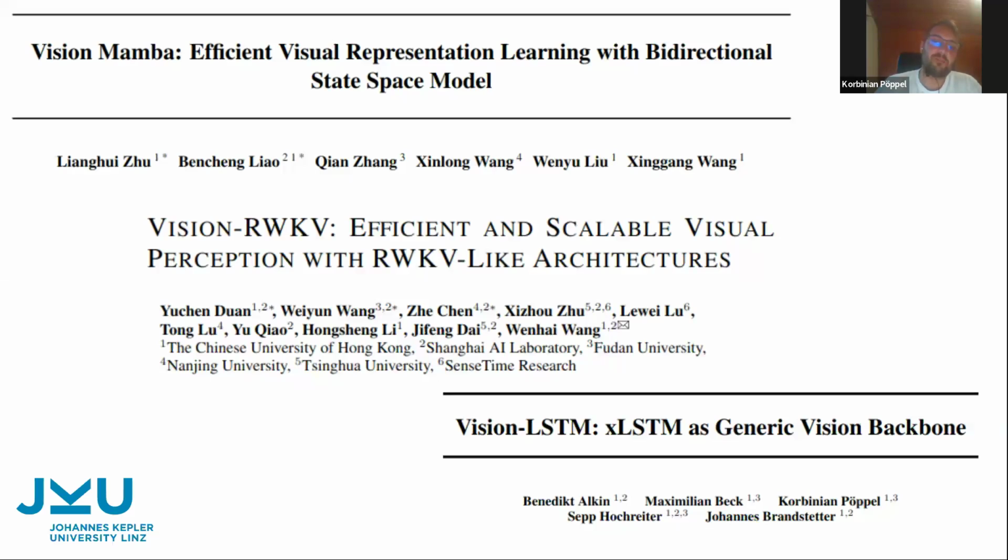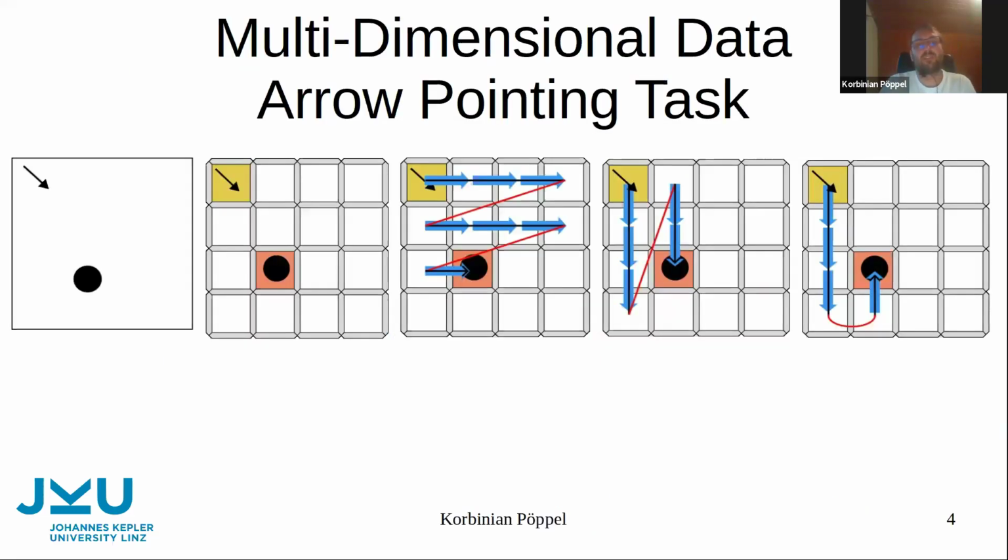So how are they applied there? If you look at the right part, you have basically this grid of patches, and you go over them in varying sequences, from line-wise or column-wise, or with the skip in the last one.